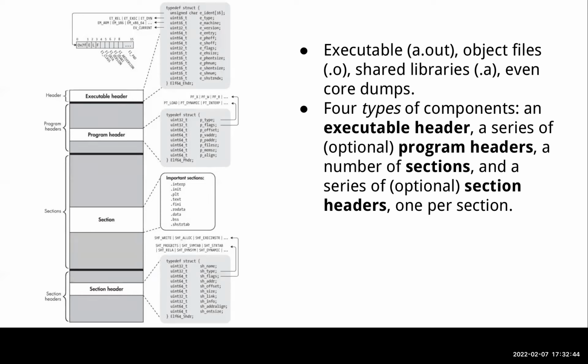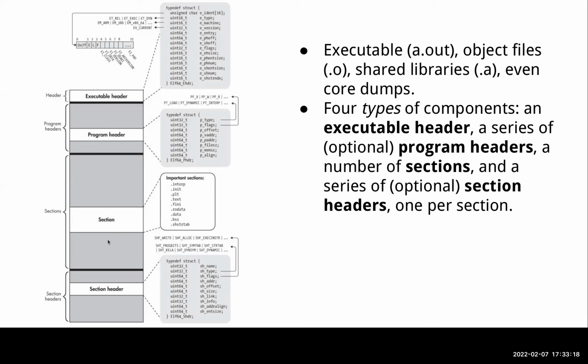Those are the four components. The first one is the header, which is the file header at the beginning of the file. Then we have the optional program headers. After that, we have a number of sections, and usually each section also has a section header. As you can see in this figure, the executable header comes first, the program header comes next, then the sections and section headers.